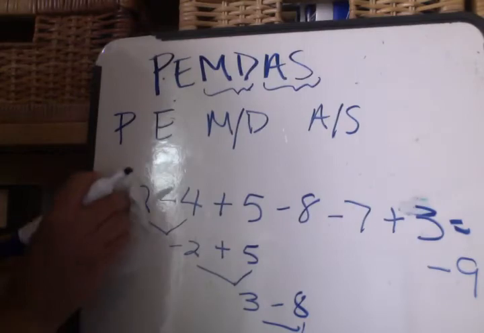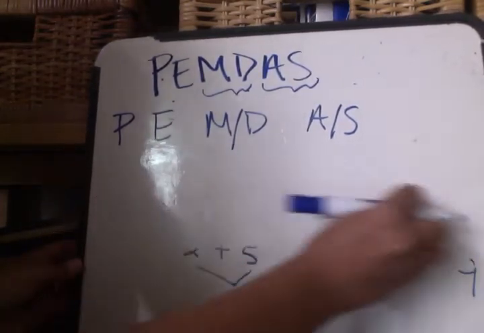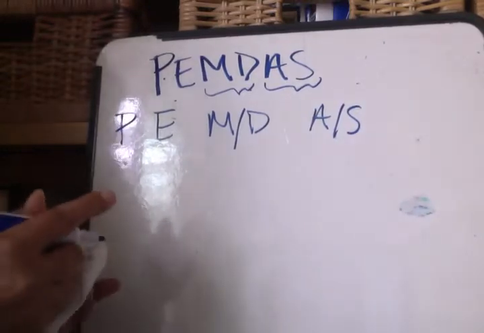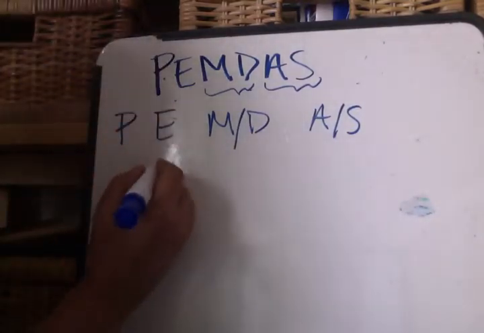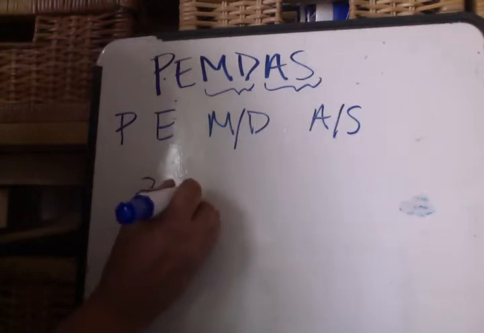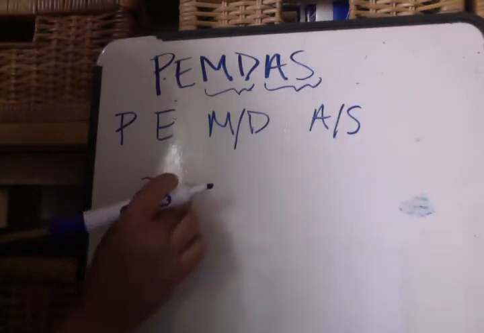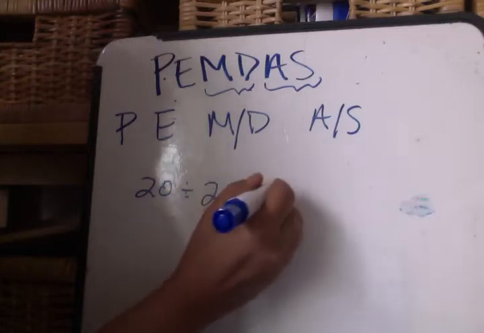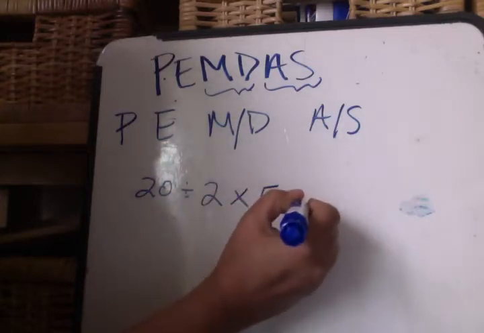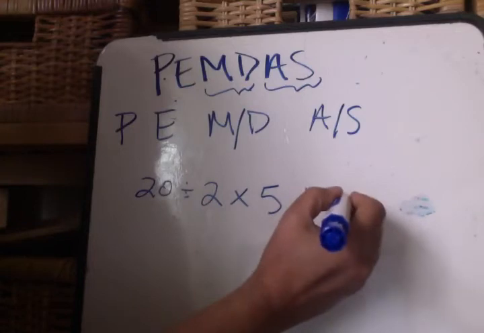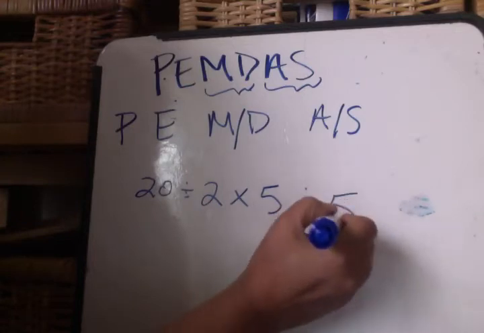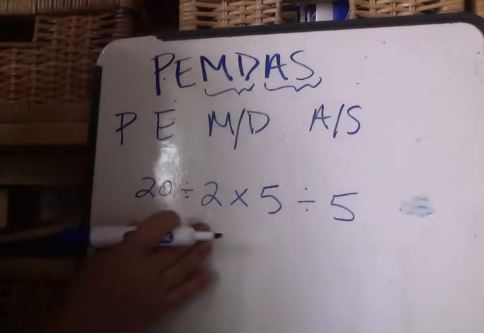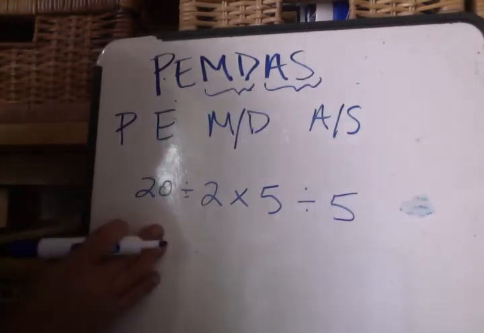So let me show you an example also of multiplication and division. Okay, let's do 20 divided by 2 times 5 divided by 5. Again, the only thing here is multiplication and division.